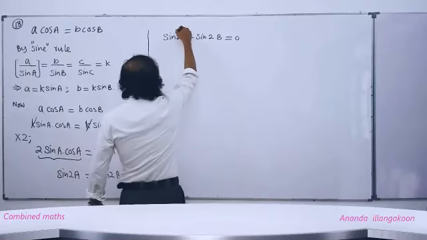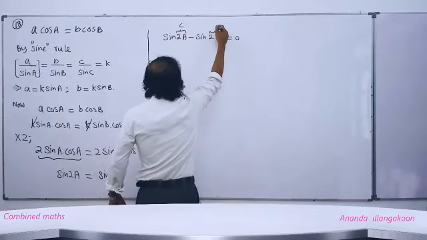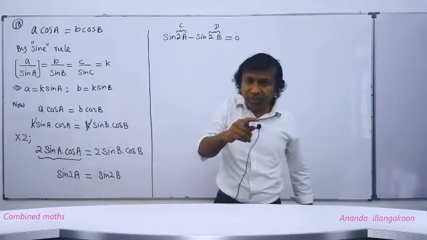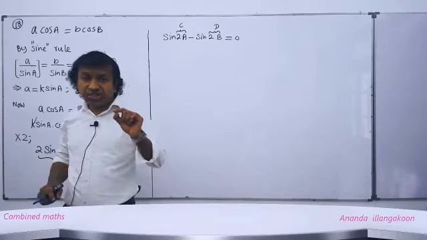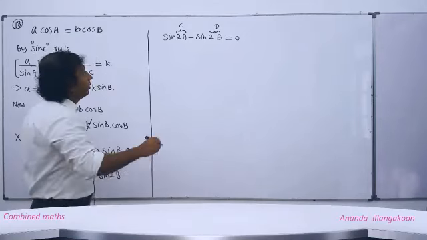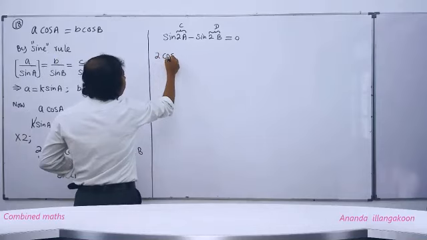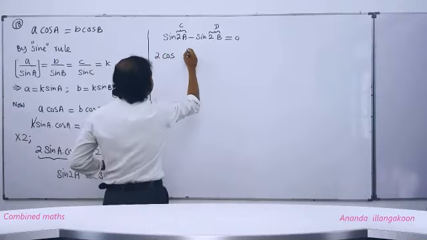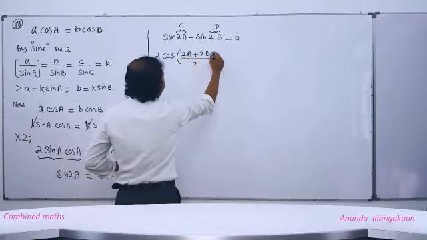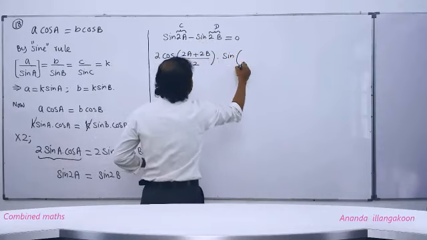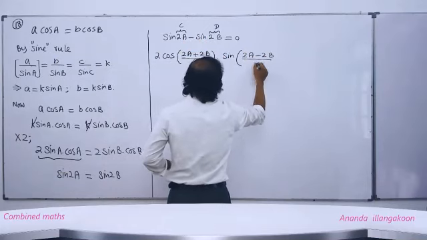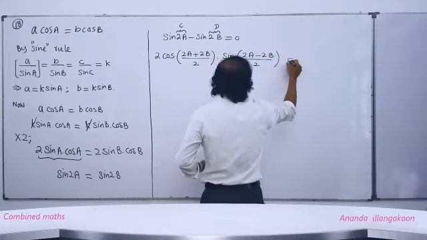Now take 2A as C and 2B as D. Then here we have sin C minus sin D. Apply the CD formula there. What is the sin C minus sin D formula? 2 cos of (C plus D) by 2 multiplied by sin of (C minus D) by 2. First add these angles, 2A and 2B, divided by 2, and sin of (2A minus 2B) divided by 2 equals 0.